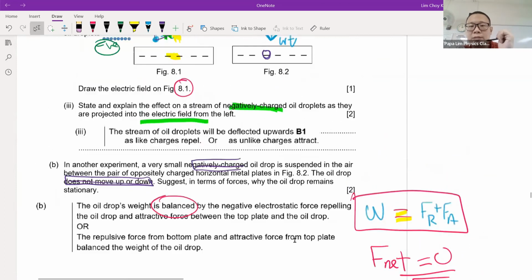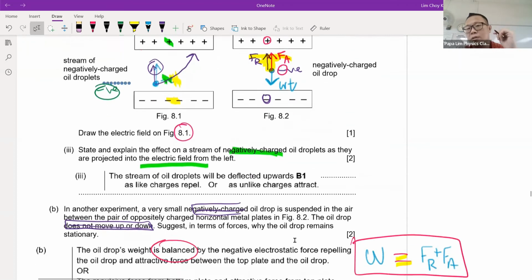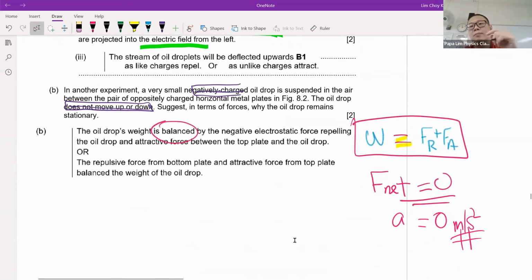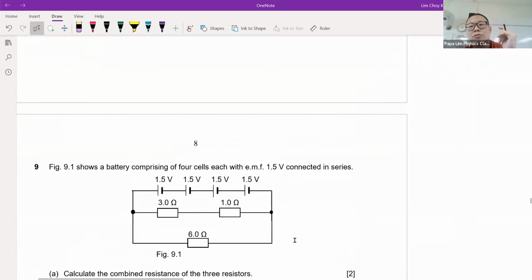As a result, the oil drop remains in the middle, not moving up and not moving down, because the oil drop happens to be of the correct size, a size that is equivalent to the sum of the repulsion and attraction force. So this is what happened with the electrostatic forces.